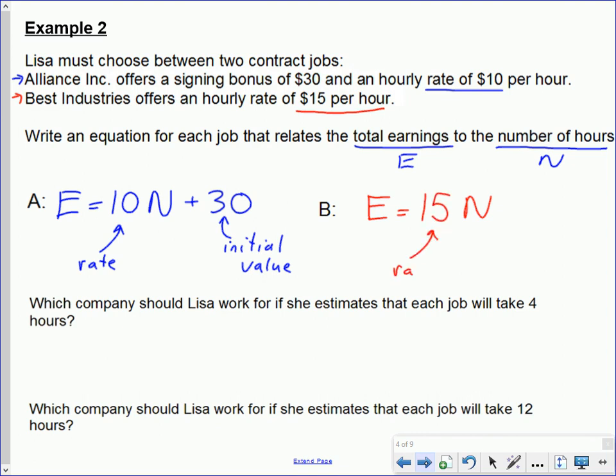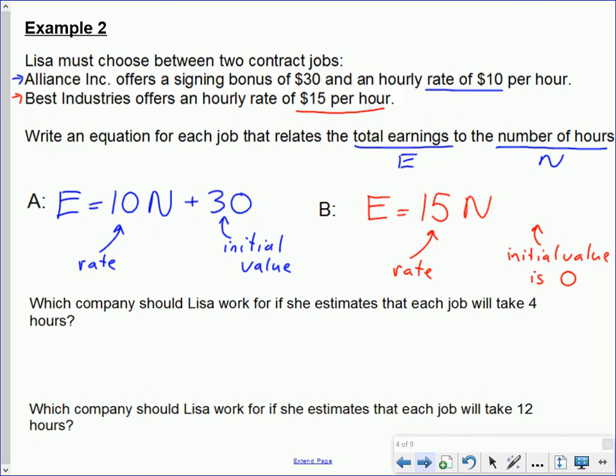This is our rate. And we're just going to leave it like that because there's no initial value here. We could say the initial value is 0, because they don't offer that signing bonus. So she has to work a certain number of hours to actually get moving.